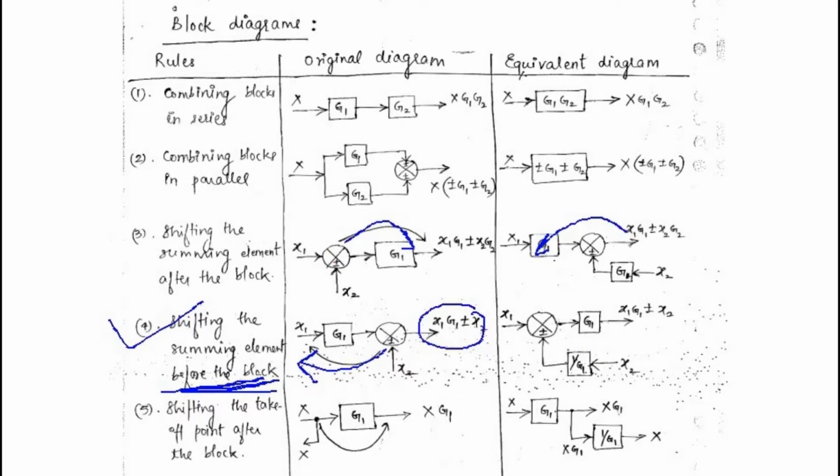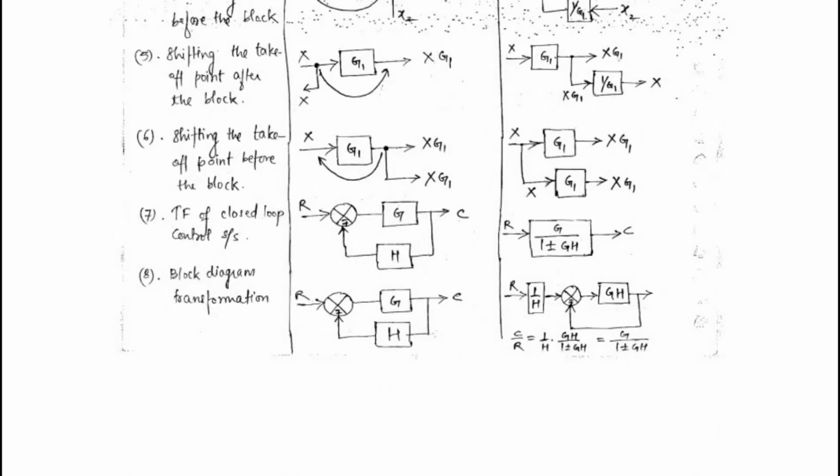If you are shifting the summing point from the left hand side to the right hand side of the block, then you have to multiply that signal with G1. And if you are transferring the summing point from the right hand side to the left hand side, then you have to divide by that gain, 1 by G1. So this is somewhat easier. Now we'll move towards the next point, right.